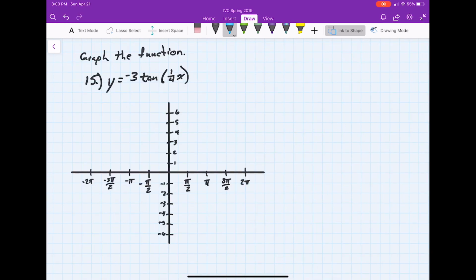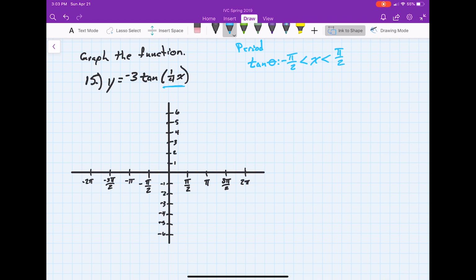So for 15, we are going to graph this function. Oh boy. We got 1/4 x. So our period normally for tangent of theta would be negative pi over 2 is less than x, which is less than pi over 2.